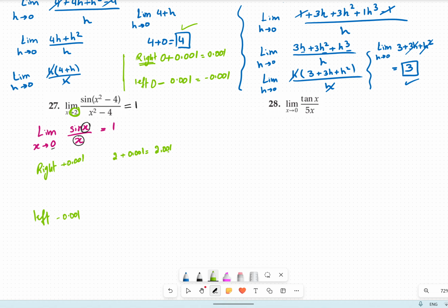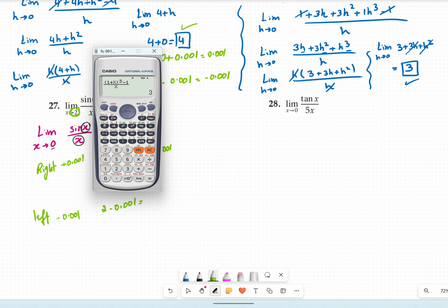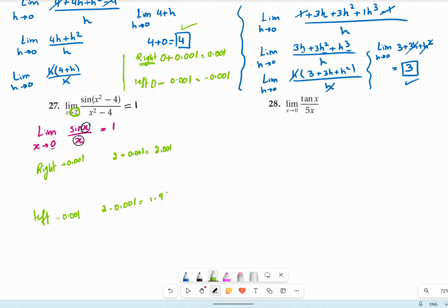That will be 2.001. From the left, I will subtract 2 minus 0.001. That will give me what? If you go to your calculator, you will see that 2 minus 0.001 will give me 1.999.